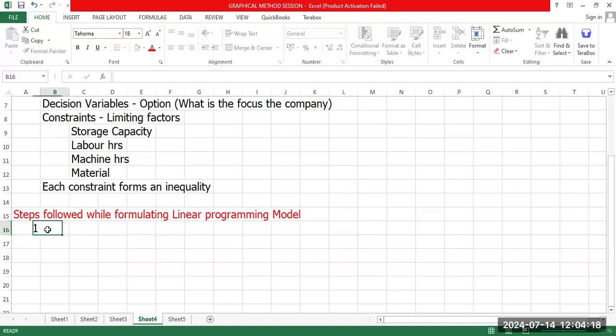Step number 1: we have to identify and define our decision variables. You identify and define decision variables.